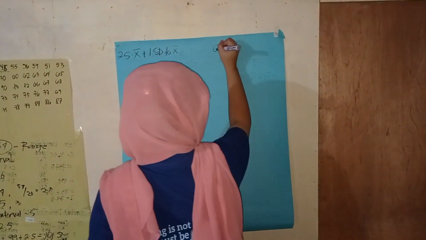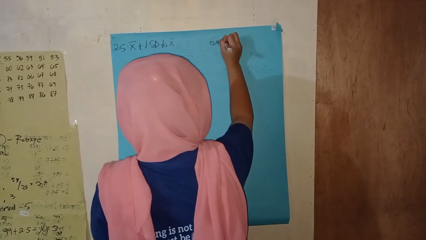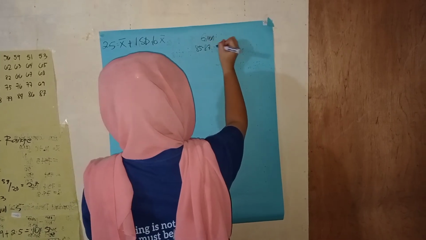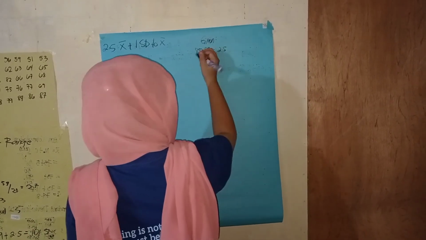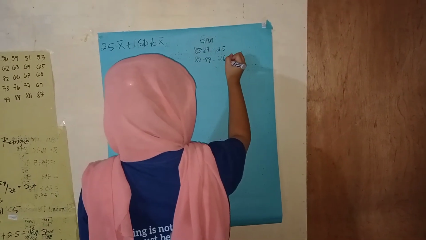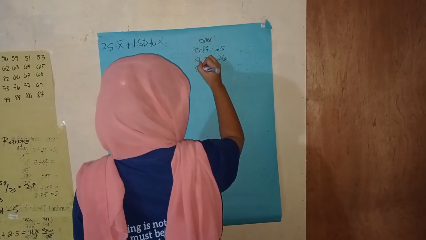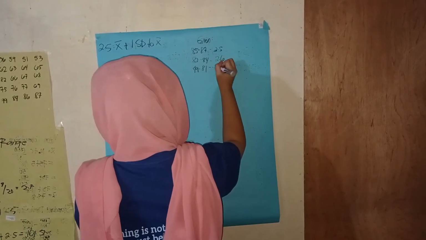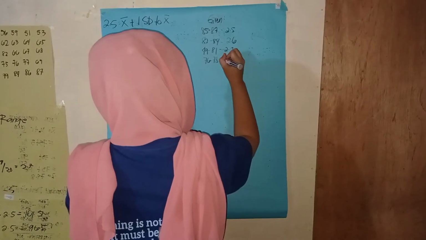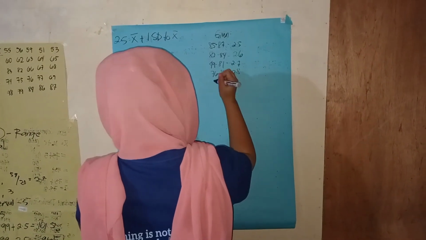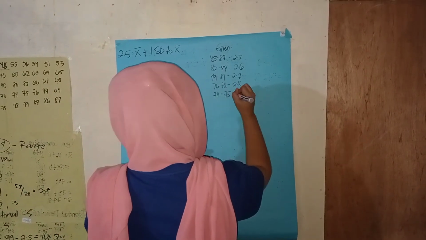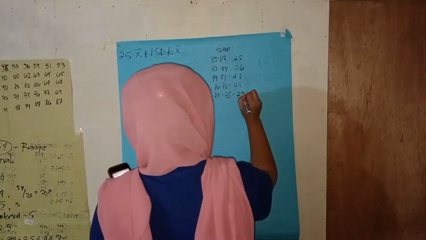So our given is 85 to 87, 2.5; 82 to 84, 2.6; 79 to 81, 2.7; 76 to 78, 2.8; and 74 to 75, we have 2.9.